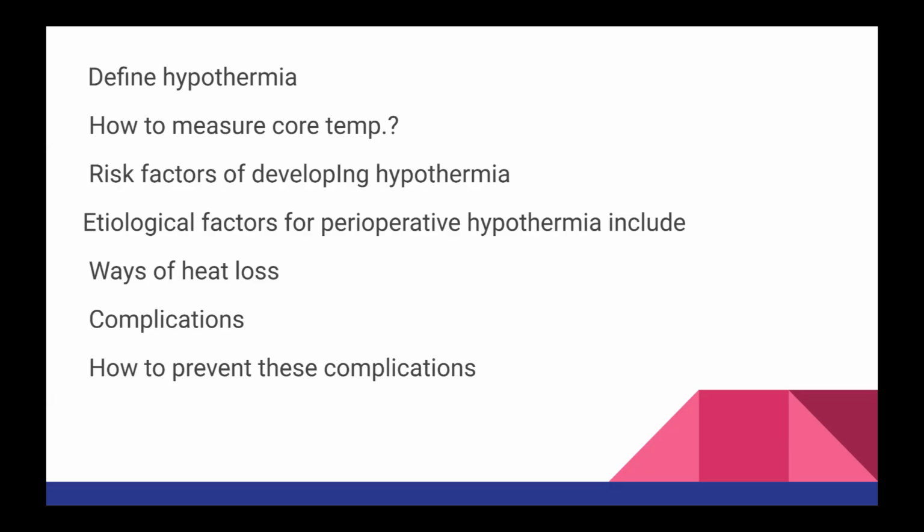Then the OT temperature can be optimized to decrease the heat loss. Then we should also continuously monitor the temperature of the patient, since the NICE guidelines recommend maintaining temperature at greater than or equal to 36 degrees Celsius throughout the perioperative period.